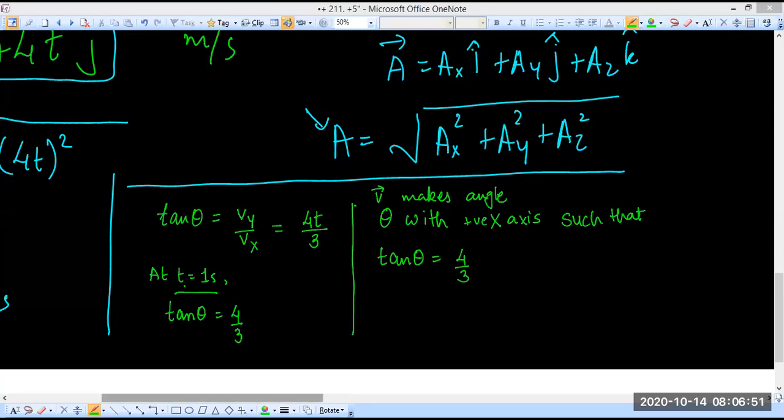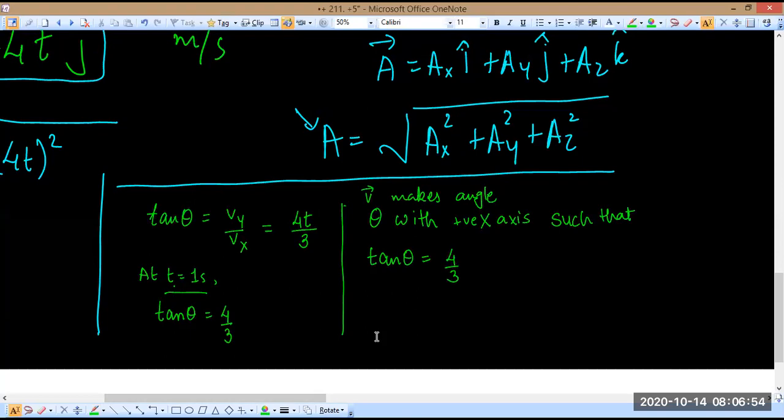What you are seeing here in green is what we have done, right? Yeah. So to find any vector's angle with the x-axis, I hope you remember that property, we can draw a triangle like this and call this theta.